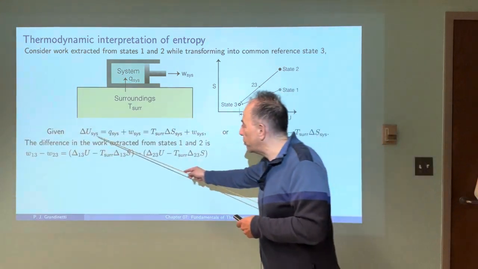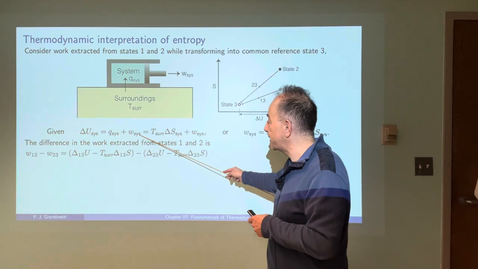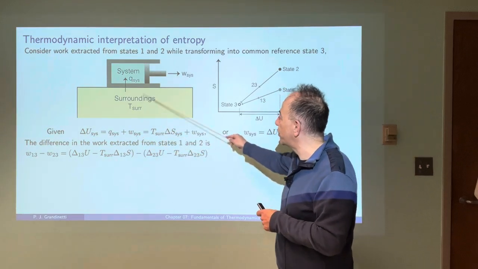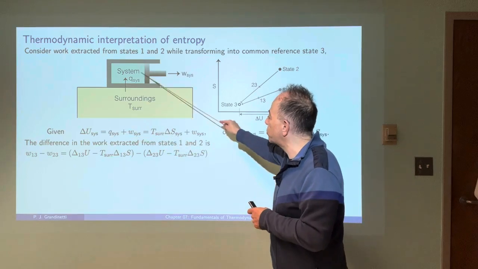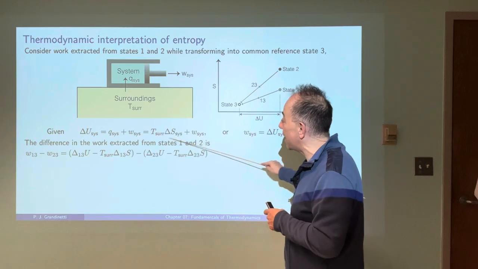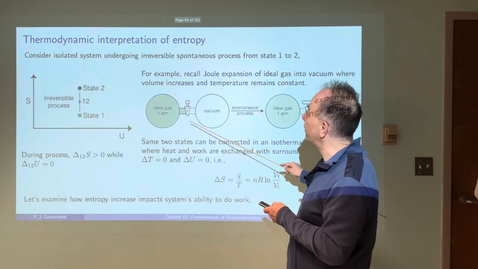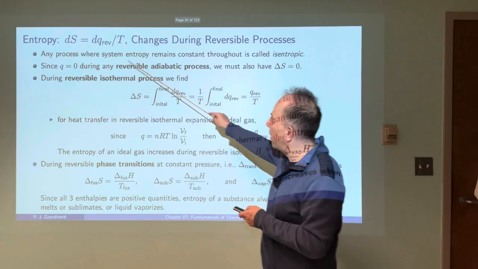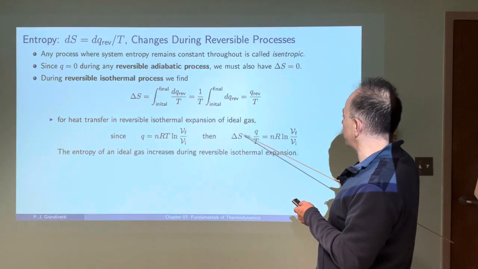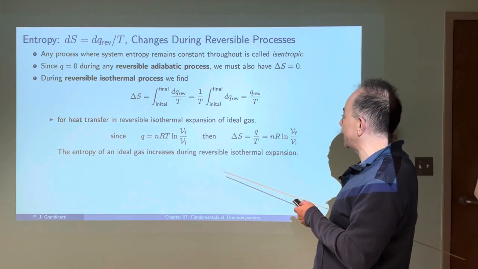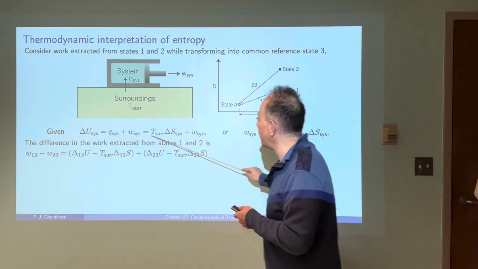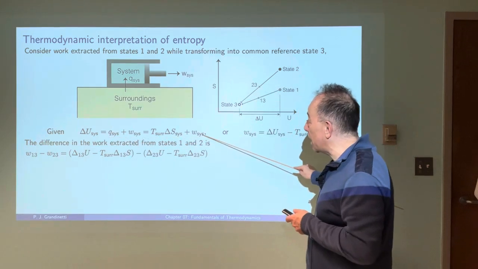Remember the first law, delta U is equal to Q plus W. For this system, the heat exchanged with the surroundings at temperature T becomes, using Clausius' definition, T delta S. Remember our definition: delta S is equal to Q over T. So in this case, I can take for Q, T times delta S, plus the work.